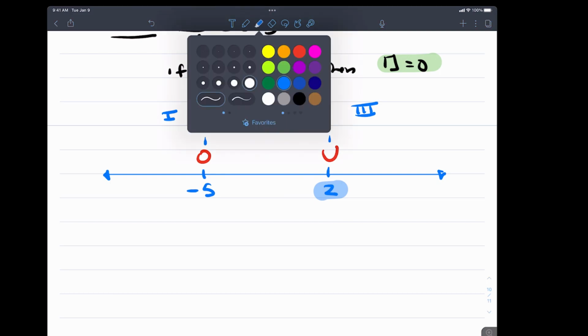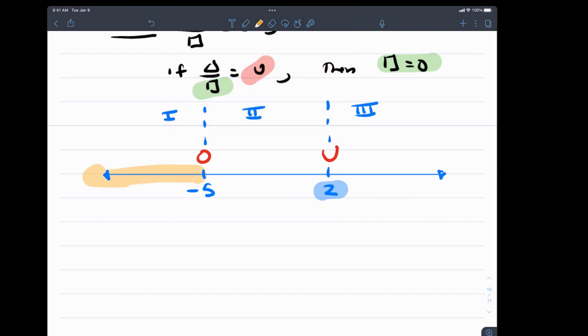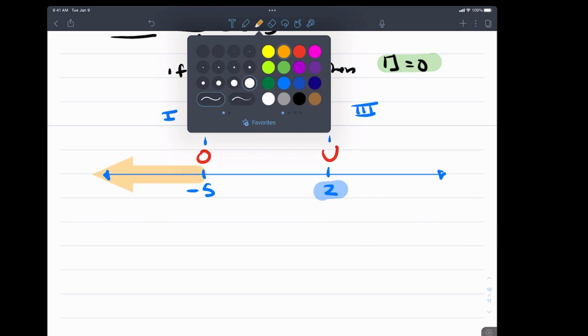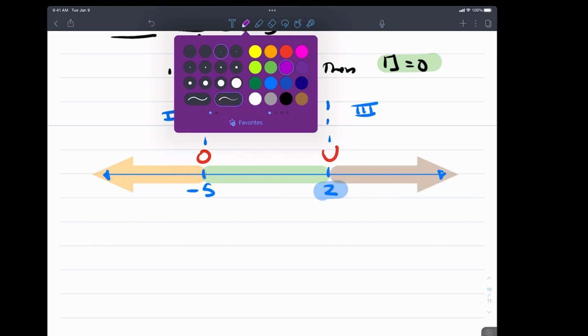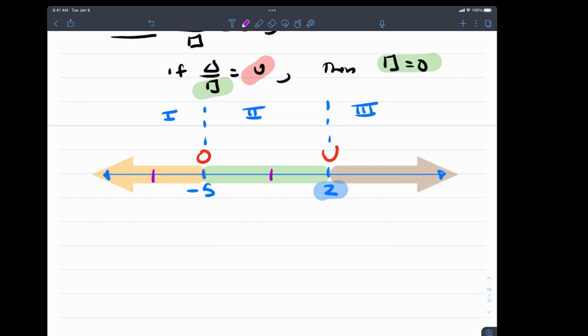So at this point, any number to the left is in region 1. Region 2 is between -5 and 2. And then region 3 now is anything bigger than 2. So we have to get those test points now. Any number to the left of -5?